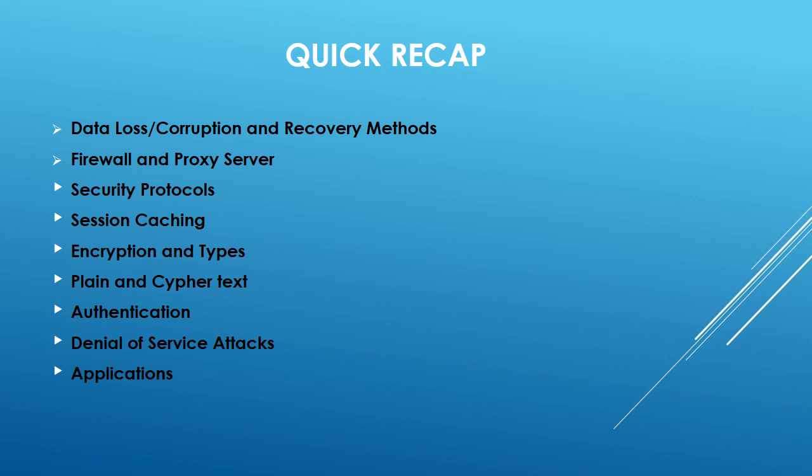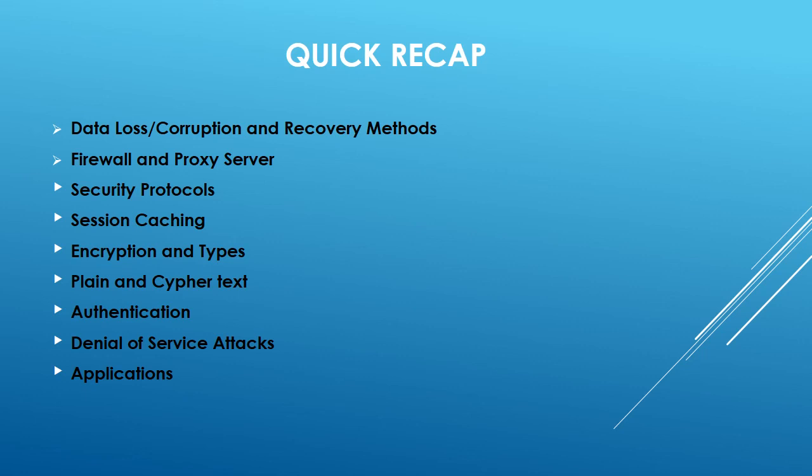Then we talked about session caching. The use of session caching can avoid the need to utilize so much computer time for each connection. Then we talked about encryption and its types.